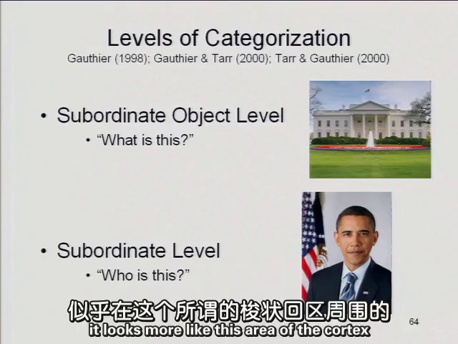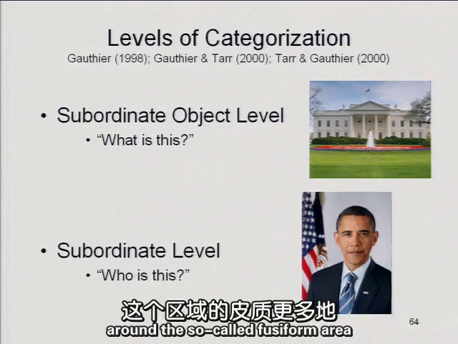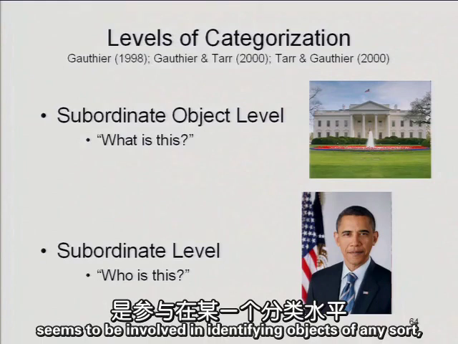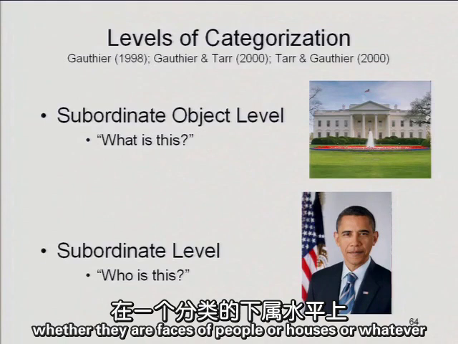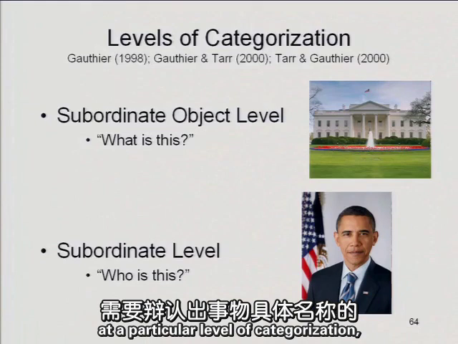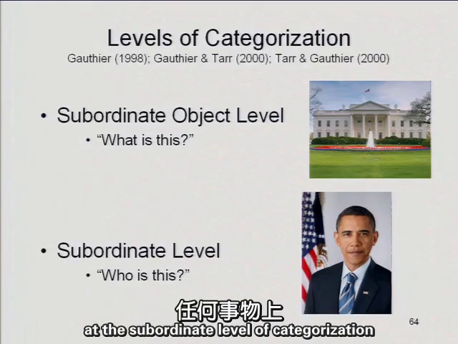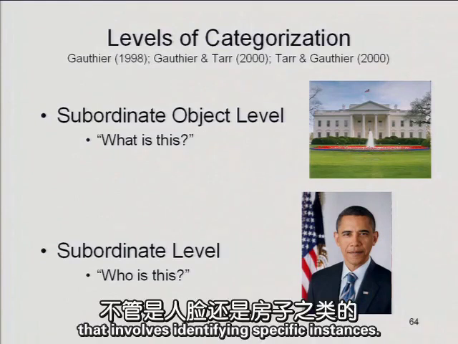It looks more like this area of the cortex around the so-called fusiform area seems to be involved in identifying objects of any sort, whether they're faces or people or houses or whatever, at the subordinate level of categorization that involves identifying specific instances.